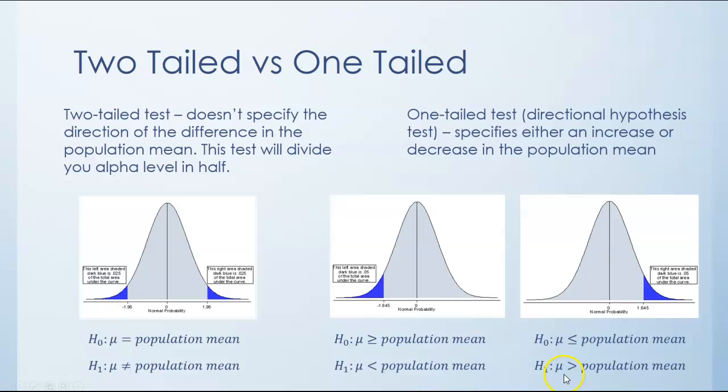Again, for these one-tailed tests, it's a lot easier if you do your alternative first, whether it's going to be lower or greater than, and then you do the opposite for your null hypothesis. And notice that for both of my null hypotheses, I have these lines underneath my inequality, which means the or equal to. So you're always going to get that or equal to for your null hypothesis.